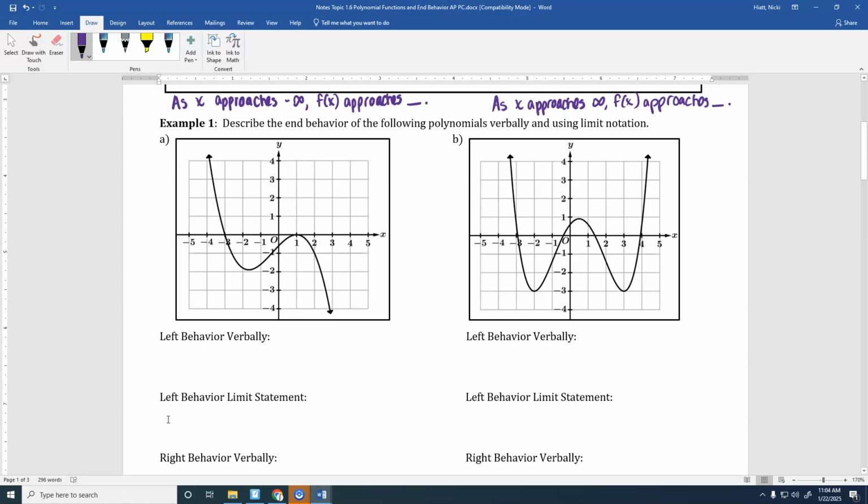So what it's just asking you to do is tell whether the ends of the graph go up or down, basically. So from a graph, it's very simple. We just got to get used to that limit notation.